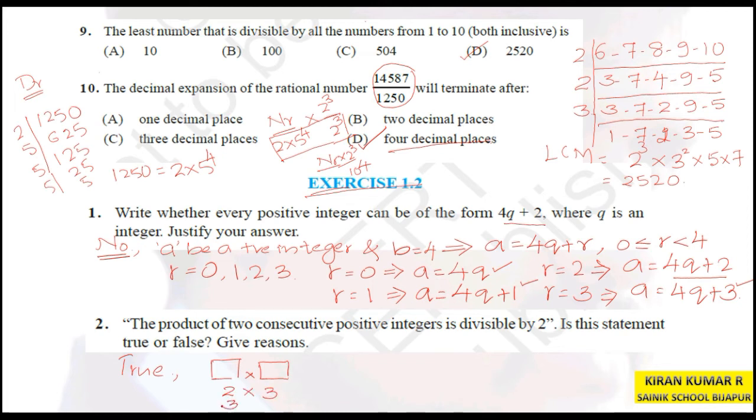If you consider as 3, the next integer is 4. In other words, every time you'll be having this format, an even number multiplied to an odd number. We know that even number is divisible by 2. Therefore, the product is divisible by 2. So the answer is true.